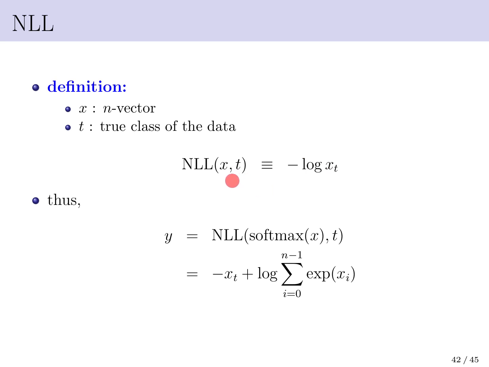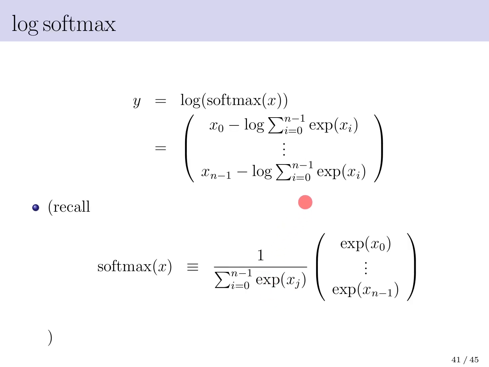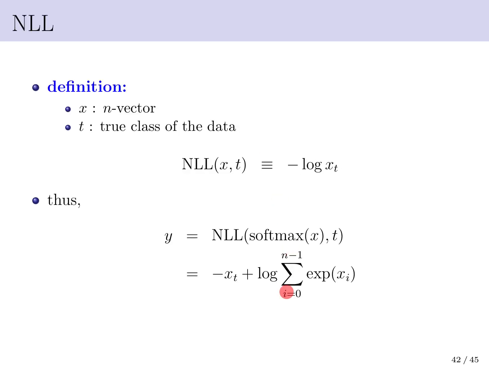You simply take the component of x corresponding to the true class and take the negative log. That's why it is called the negative log likelihood. So all combined, the values going through softmax and then going through negative log likelihood, you get something like this, which is simply the negative of what we have just computed. So the negative of the t's component of this vector, which is exactly this.